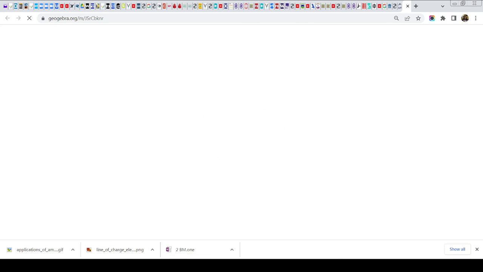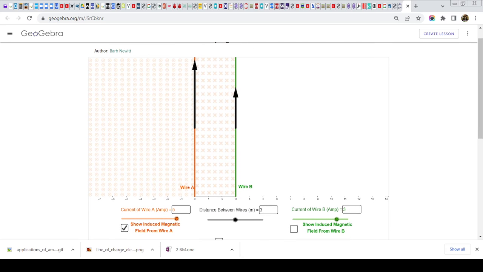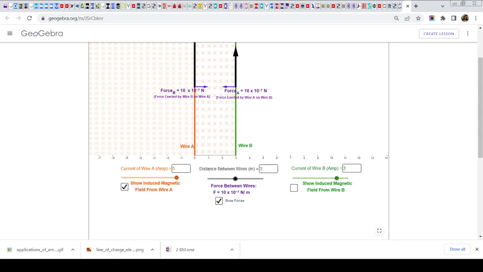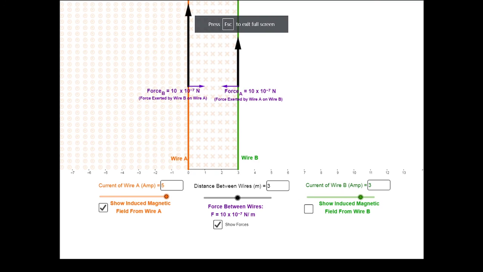Let's see some simulation here, guys. Is it working? Oh, look. Okay, a very nice simulation from Barb Newitt. As you can see, if you have currents in the same direction, you have forces generated on the wires that are attractive.